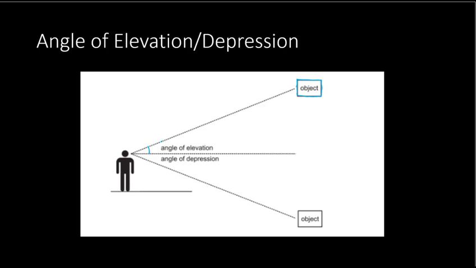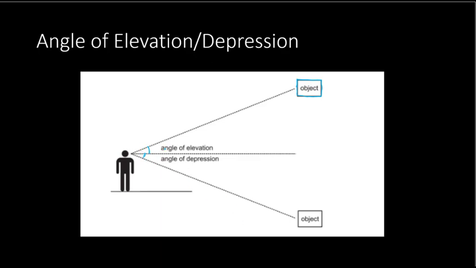And that one is a little more intuitive than the angle of depression, because the angle of depression is this angle right here. So if he's looking down at an object, say he's in the sky or something like that, looking down, the angle of depression would be this angle right here, between the horizontal line of sight and down looking towards the object.